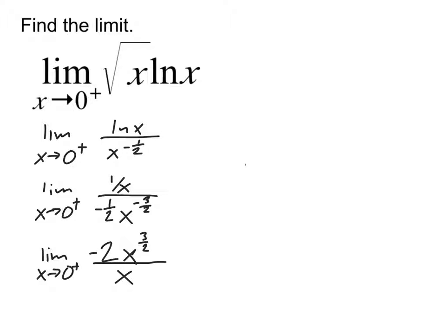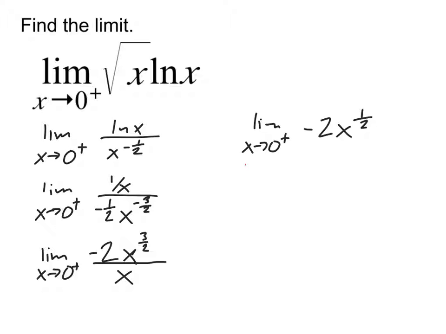Now, you actually can simplify that from here, or you can go ahead and take the derivative of the top and derivative of the bottom again. Now, I think simplifying is a bit easier. If I simplified that, it would be the limit as x is approaching 0 from the right of negative 2 x to the 1/2, and that's it.